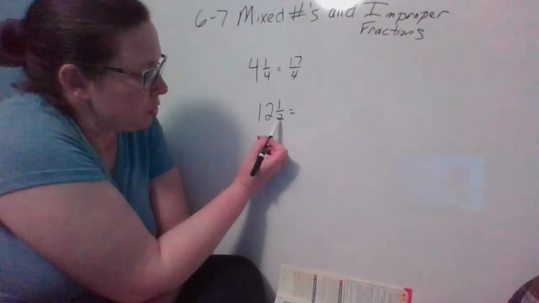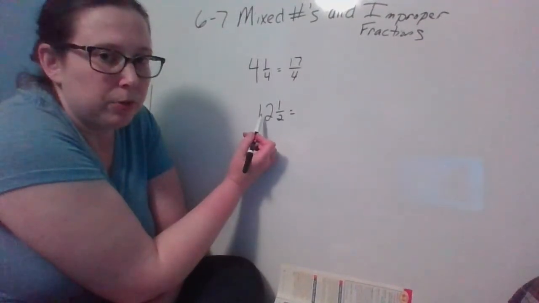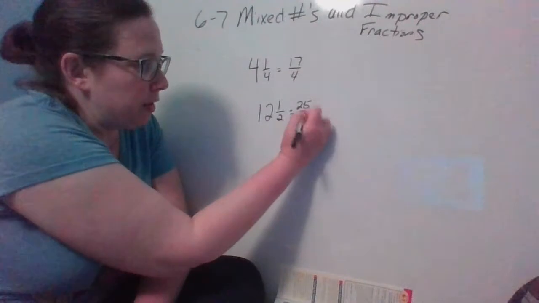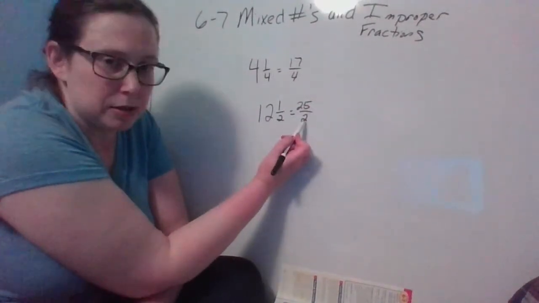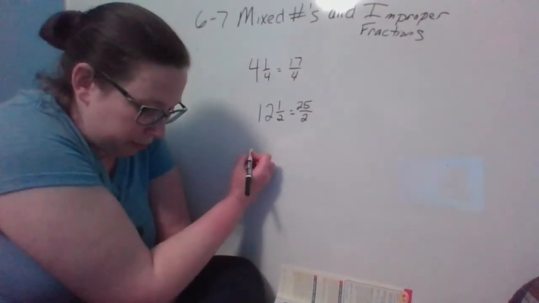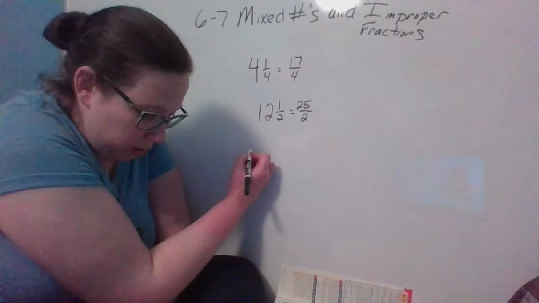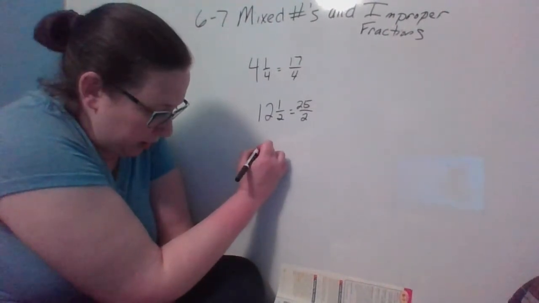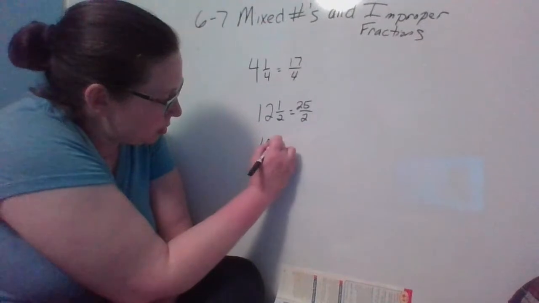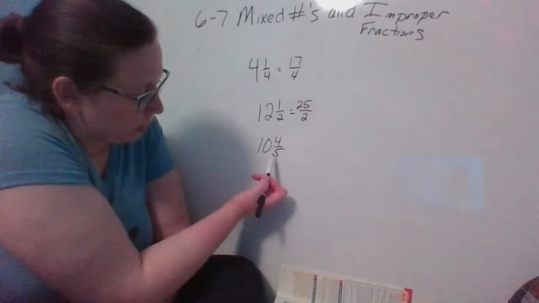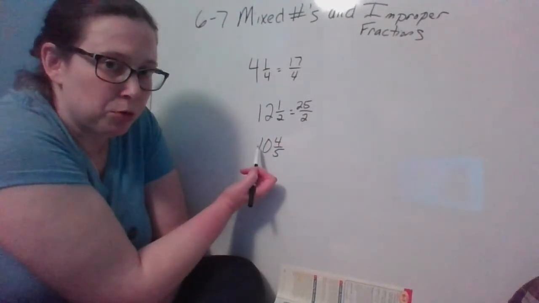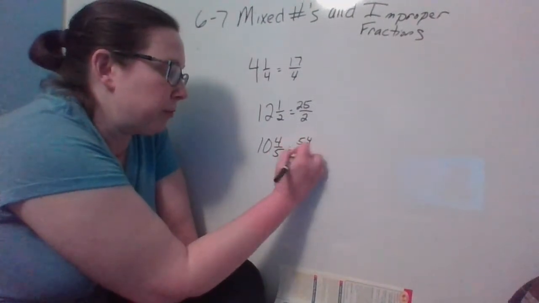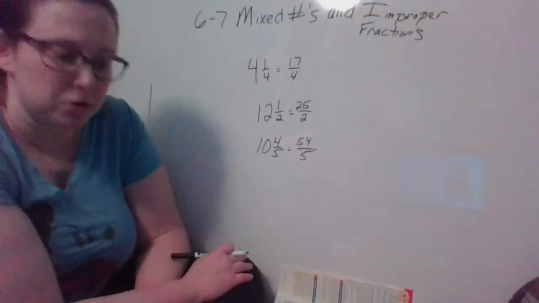So here again, we're multiplying denominator times our whole number. We get 24, plus 1 more is 25. 25 halves, that denominator stays the same. If we look at one more, about 10 4/5. So we're going to multiply denominator times our whole number. We get 50, plus 4 more is 54, and it still fits.